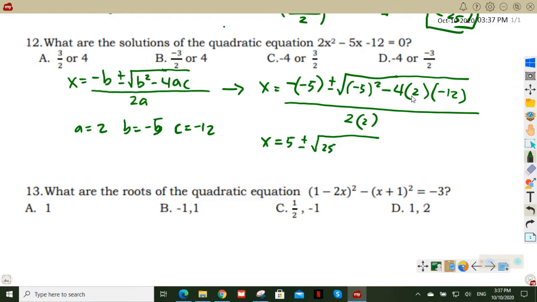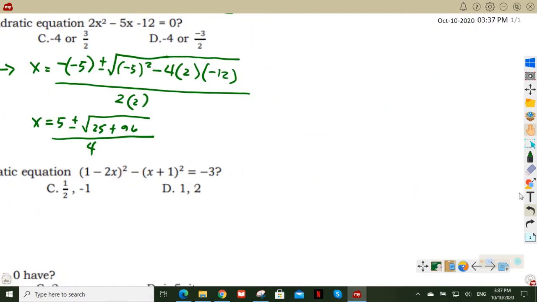Negative 8 times negative 12 is positive 96, all over 4. Okay, then what's the next? Let me pan this over here.